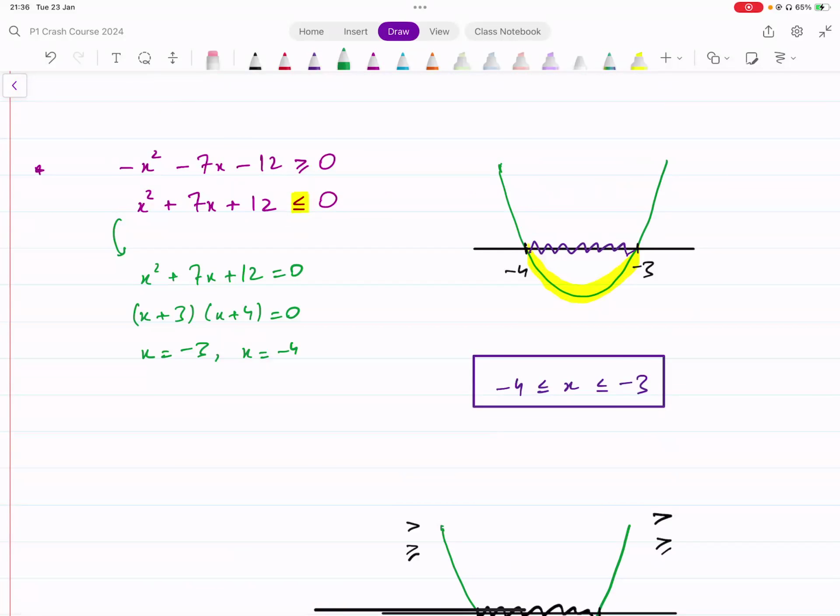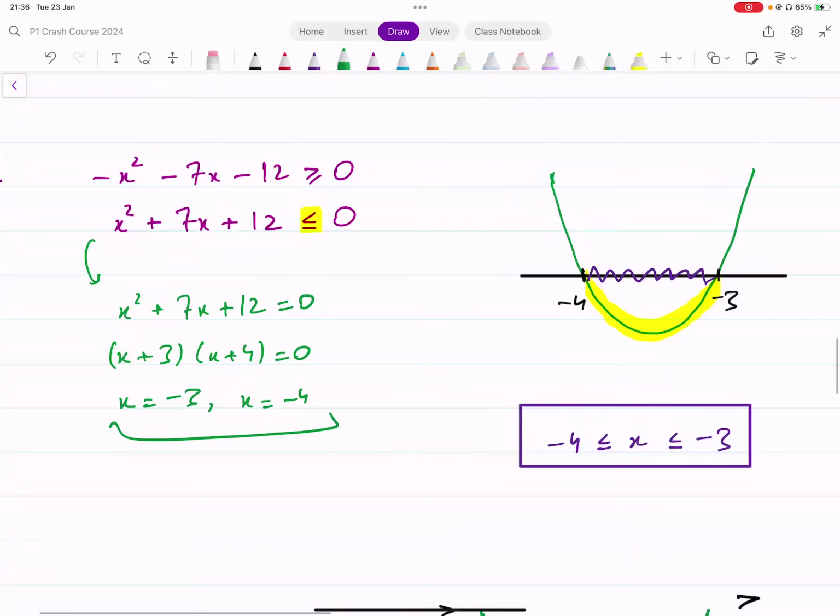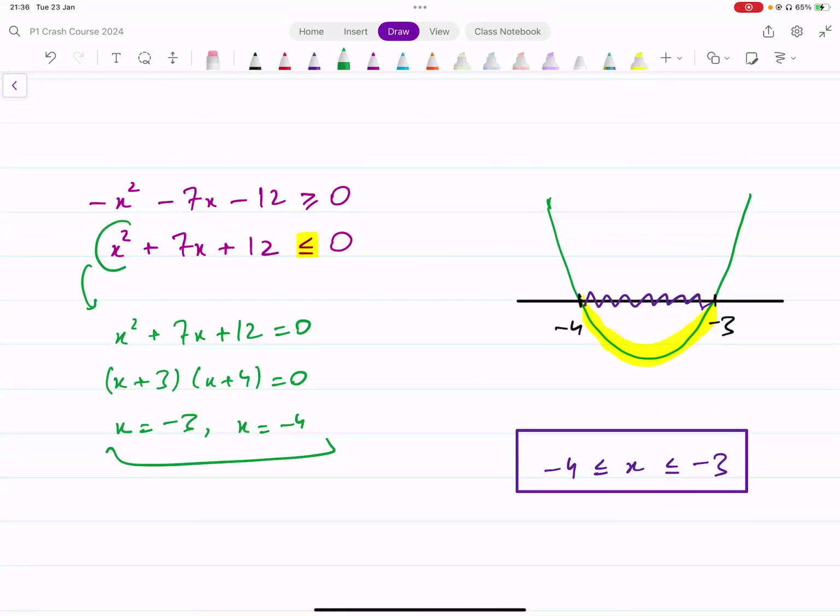You treat this as an equation, you find the x-intercepts, but remember in this case, since you made the coefficient of x squared positive, the graph is now a U-shaped graph. And the inequality sign has also changed. Now you have less than or equal to. So now we have a U-shaped graph. We're looking at the part of the graph that is below the x-axis, that's here. The answer turns out to be still the same. That's between -4 and -3. So both methods are going to work.